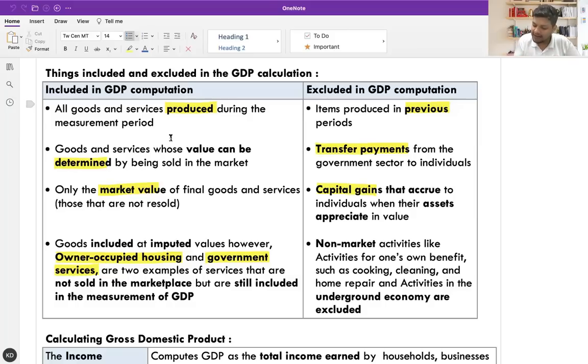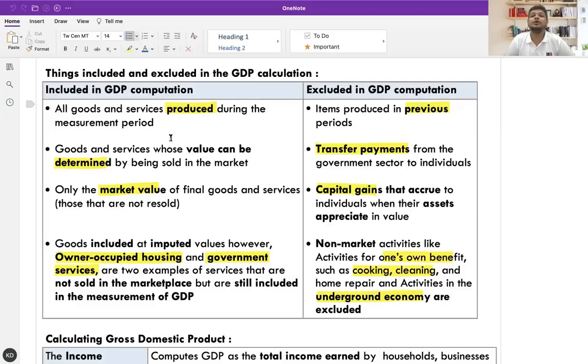Also, non-market activities for one's own benefit, such as cooking, cleaning, and as I said, gardening and all that, they are not part of your GDP. The underground economy is also excluded from GDP. Underground economy means, what do we have that name in India? The black economy, right? The black money. That's what we name it, right? Yes, it's not part of the economy.